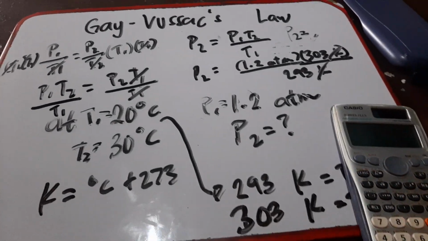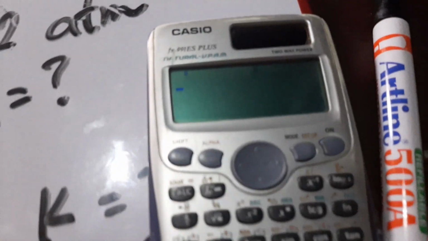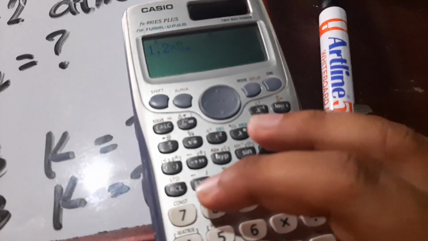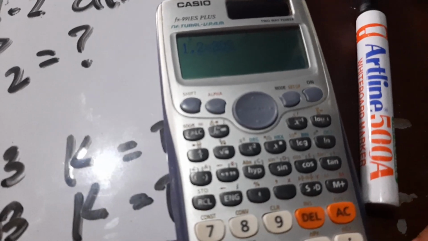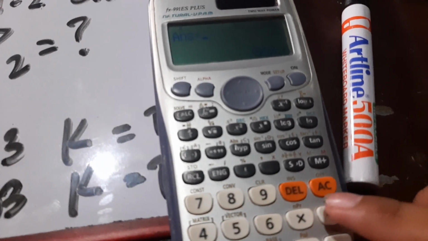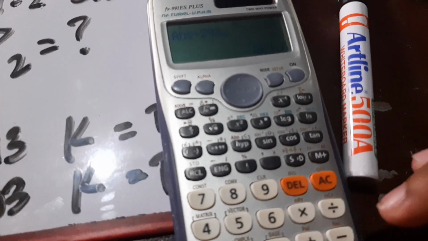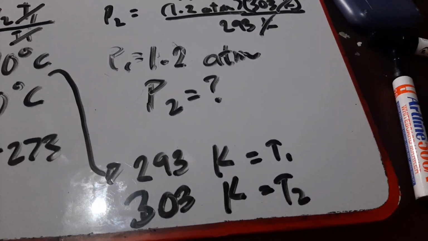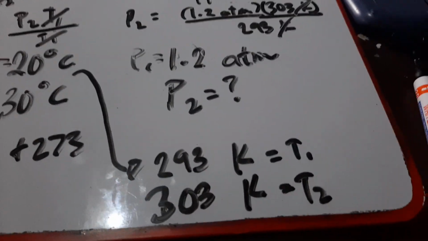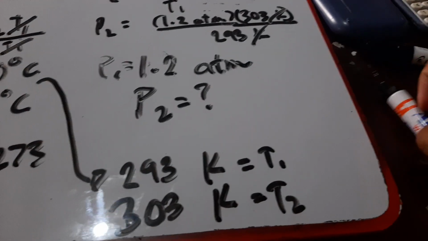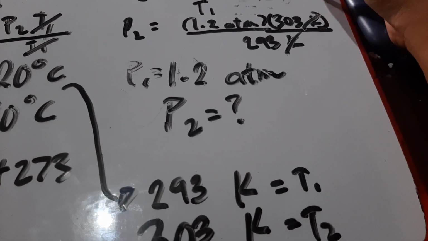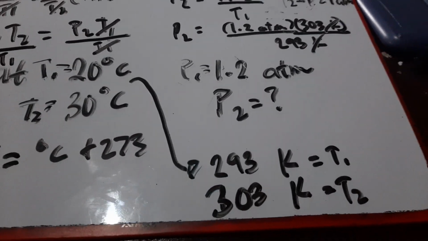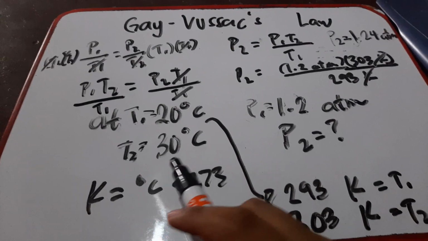So let's put that into the calculator. 1.2 times 303 divided by 293, that would be 1.24 atm.